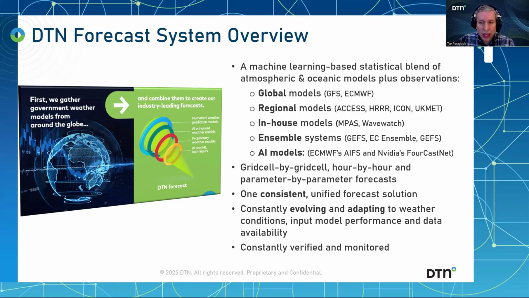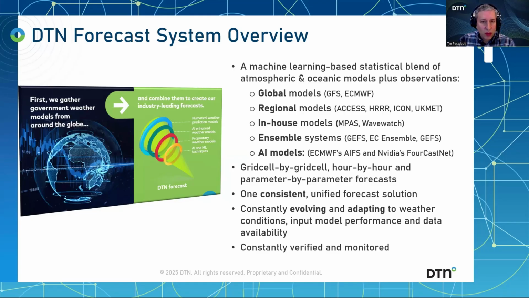So we use the GEFS and the ECMWF ensembles and a number of other models. And then, of course, with the advent of AI, we've got 2 AI models currently within the forecast mix, ECMWF AIFS, and then NVIDIA ForecastNet. We're working very closely with NVIDIA on their AI numerical weather prediction models, and we're leveraging all of these.